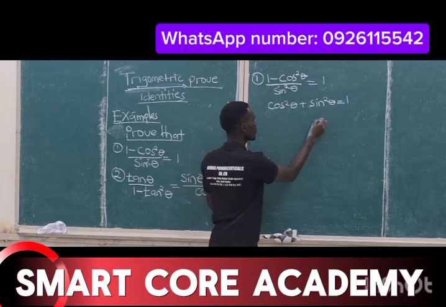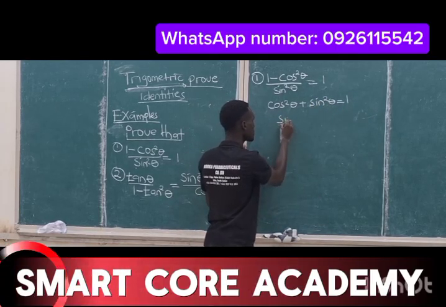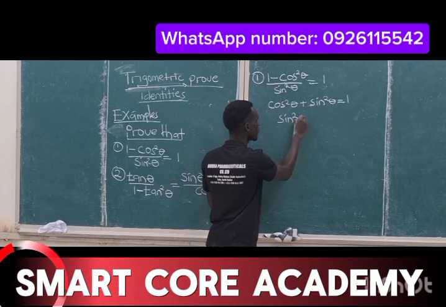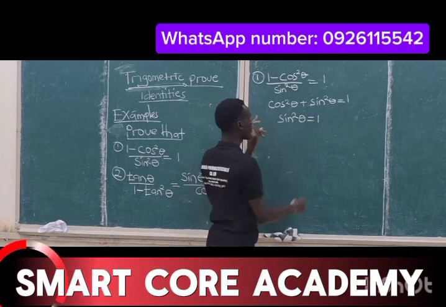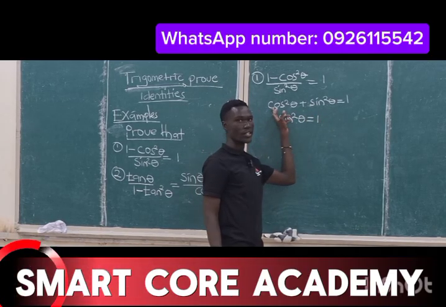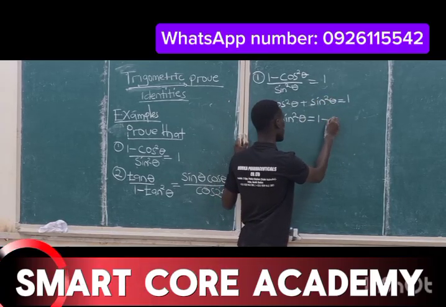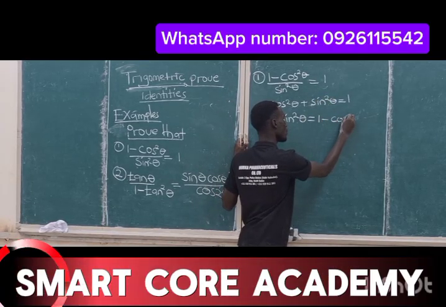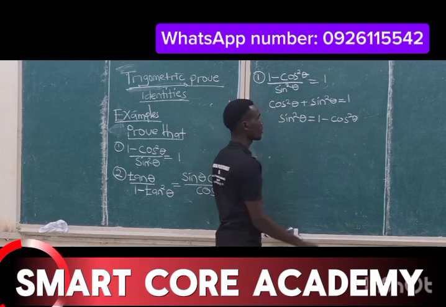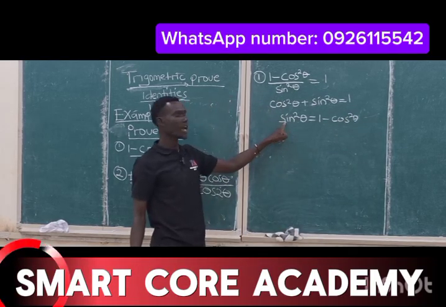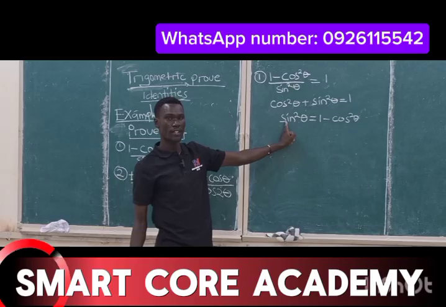We remain on the left hand side with sine square theta as being equals to 1 minus cos square theta. From here now, we are applying the first rule that is under Pythagorean identities.